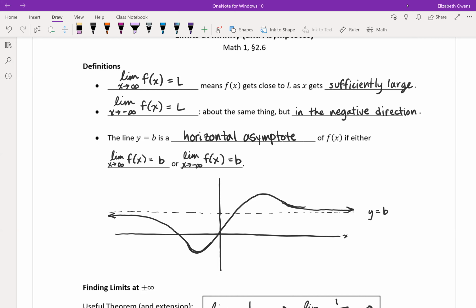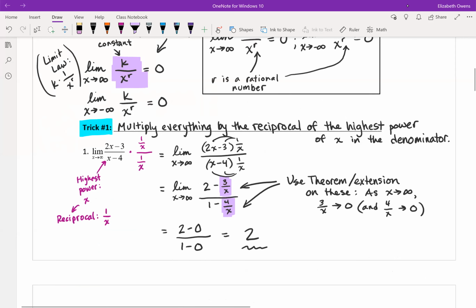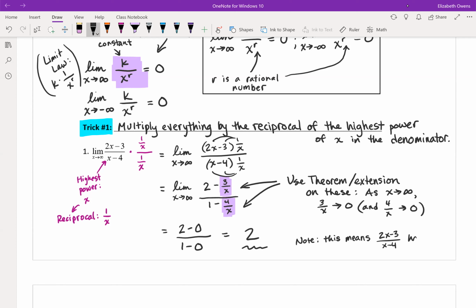Note: this means that 2x minus 3 over x minus 4 has a horizontal asymptote at y equals 2, because that's what the y values are approaching as x gets very, very large.